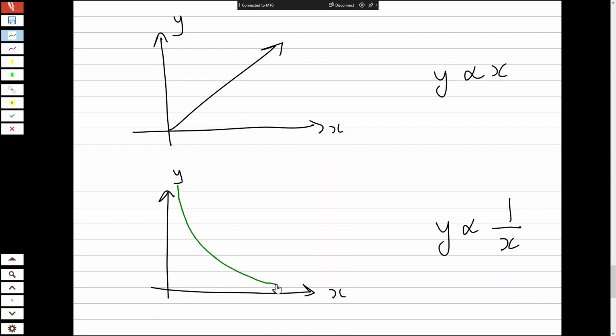And when x is really large, y is really small. So if you divide by a number smaller than 1, your answer gets bigger. If you divide by a number bigger than 1, your answer gets smaller. Here we've got the small x values, y is getting larger. Here, x is getting larger, so y is getting smaller.